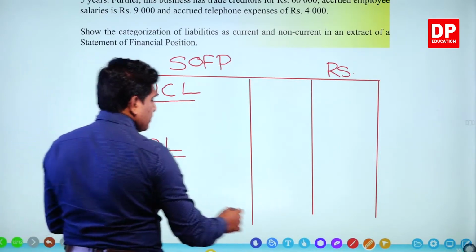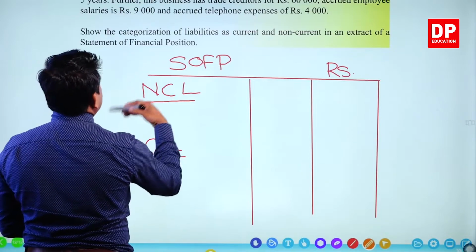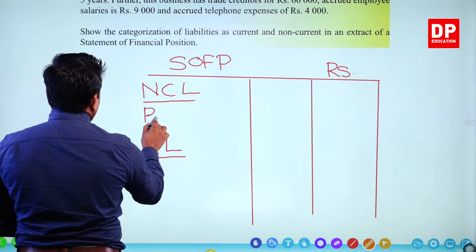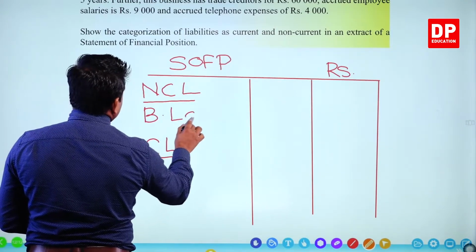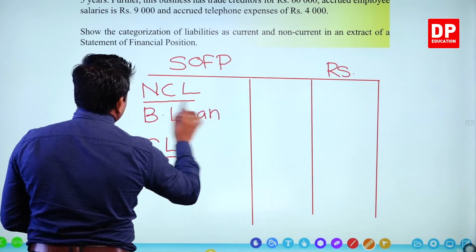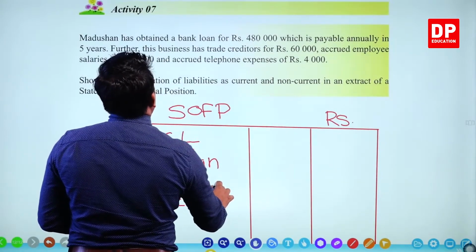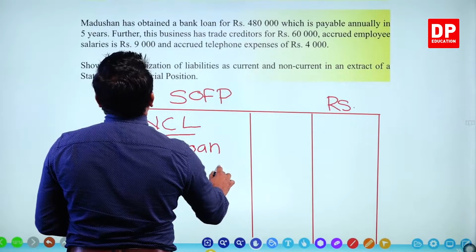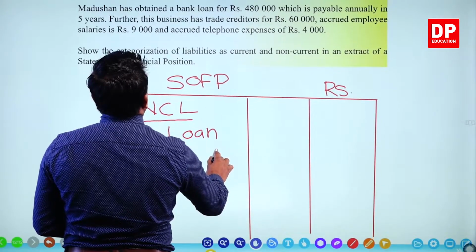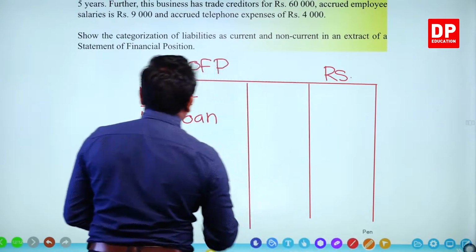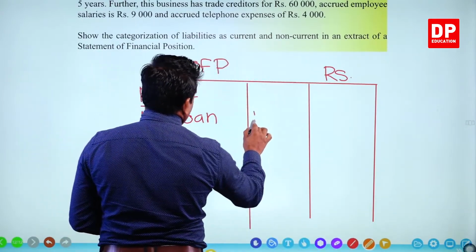How many non-current liabilities in this case? First one is bank loan. B loan means bank loan, right? How much? 480,000. Only one non-current liability, 480,000.